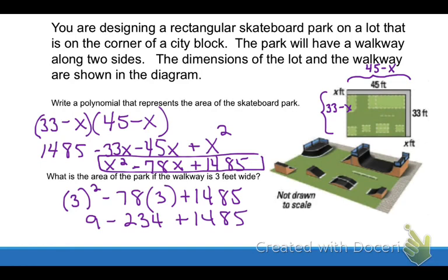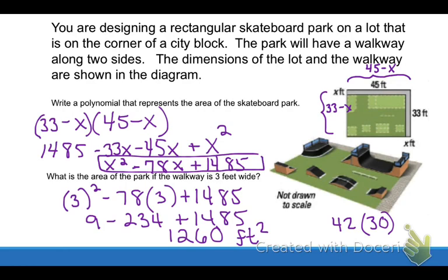So if I do 9 minus 234, I get negative 225, plus 1,485 gives me 1,260 square feet. A way I could also check this is, at the beginning it was 45, so if I now know the walkway is 3 feet wide, 45 minus 3 is 42, and the other side would be 33 minus 3, which is 30, and I check 42 times 30, that is 1,260, so I get the same answer.